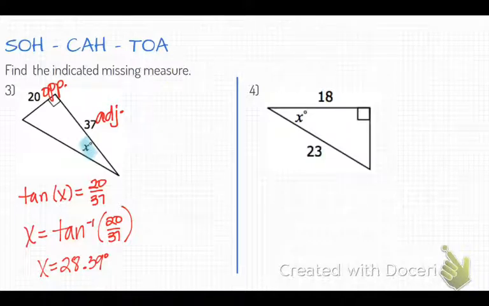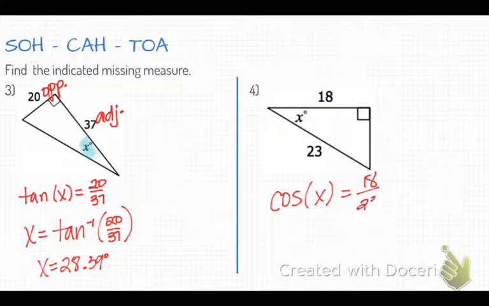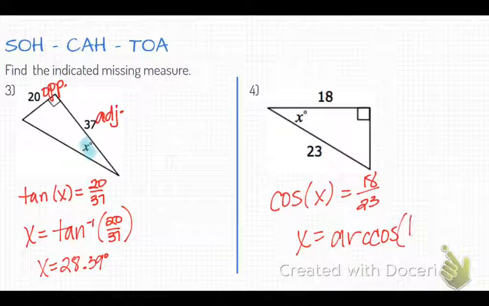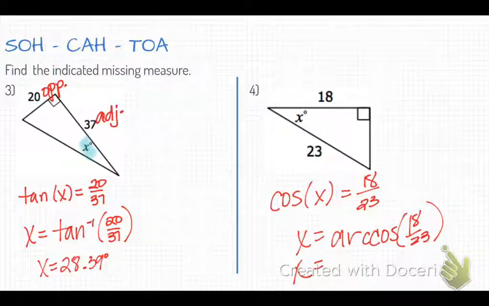Can you try the next one for me from the beginning by yourself? Okay, so on number 4, we should have seen that it's cosine. Is that true? So we have cosine of x equals 18 over 23. So x is arc cosine or inverse cosine of 18 over 23.